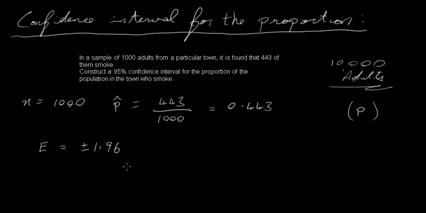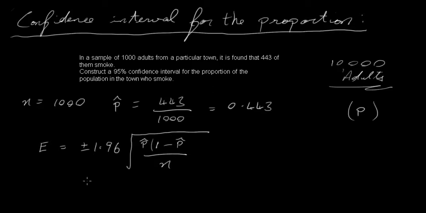So we're going to multiply our 1.96 by the standard error of our proportion, which is the square root of p hat times 1 minus p hat all over our sample size. So it's similar to the previous formula that we used for confidence intervals for the means. This bit here is a little bit different.